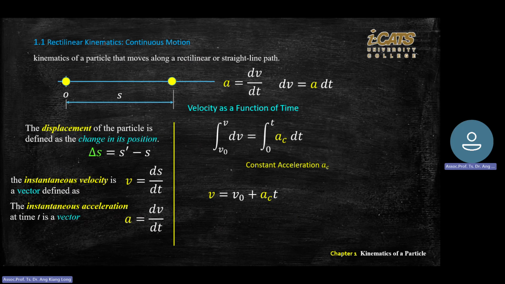We write it as V minus V0. Can you see it? Let me draw something. Okay, here, this one will become V minus V0, right? This one, a constant, pull out.